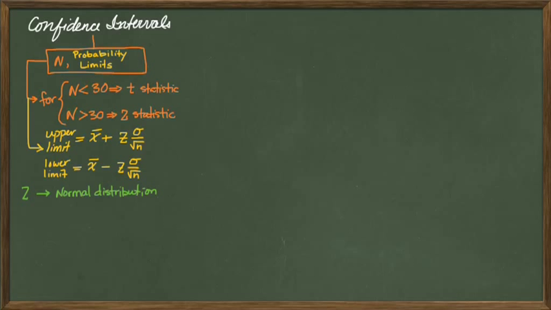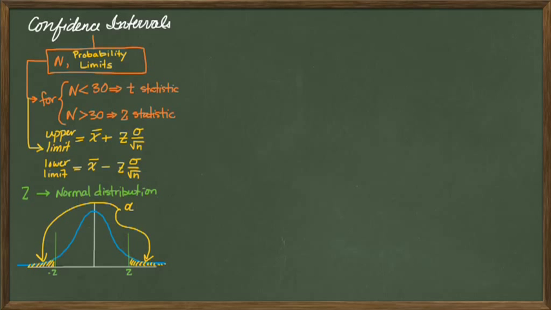So if we draw a quick sketch of the normal distribution, our z values are what we're trying to find, to define the limits of the uncertainty in our data. The areas outside the z's, as you see highlighted in yellow, are what we call our alpha value.